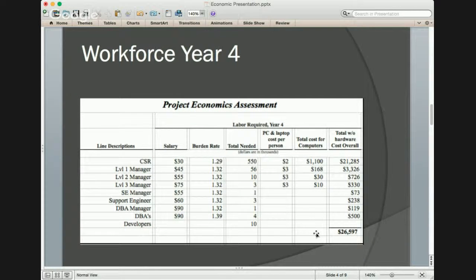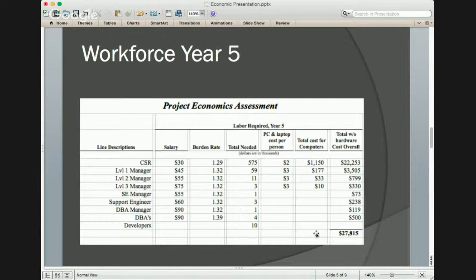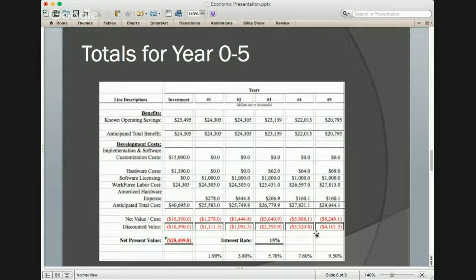As we go into year 4, again, it's the same information, except the total needed column is changing because every year we're adding 10% more people to staff so that we can maintain the business needs. Year 5 is again the same, so the total amount of people needed, and then the total without the hardware cost is increasing, which we see reflected here.